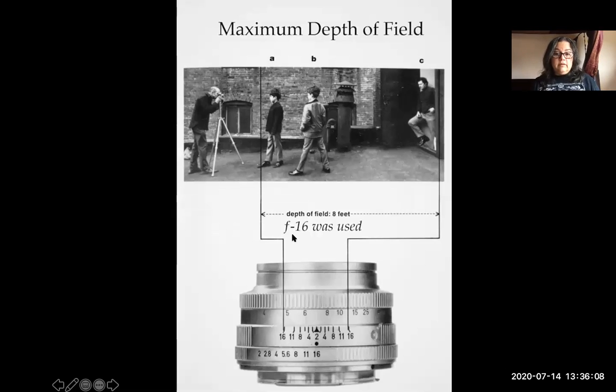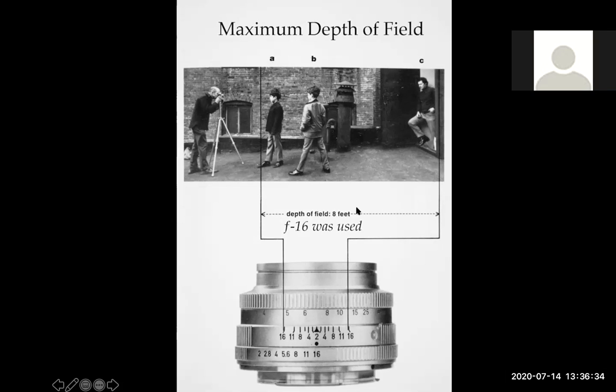When the aperture is changed and stopped down, now you can see that the amount of space that is in focus has expanded. So if we look down at the lens, f16 gives us from just ahead of 5 feet, so about maybe 4 3/4 feet, all the way back to maybe 12 or maybe 13 feet.